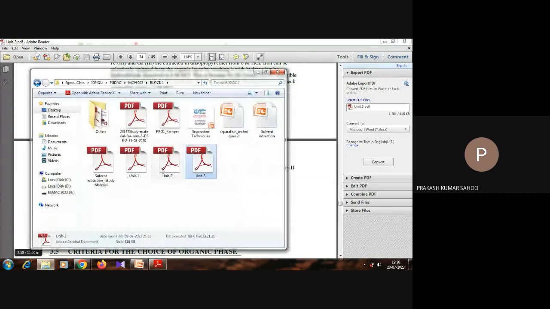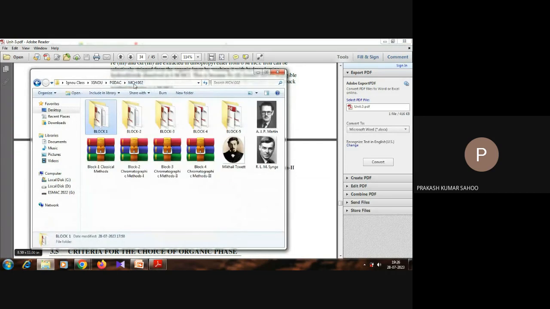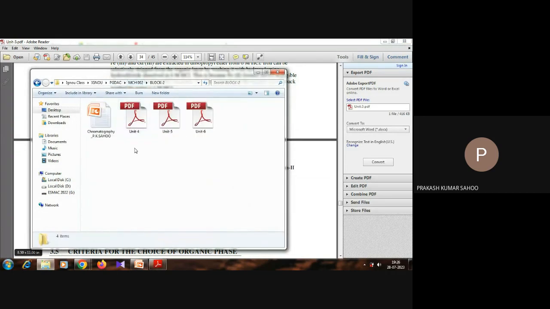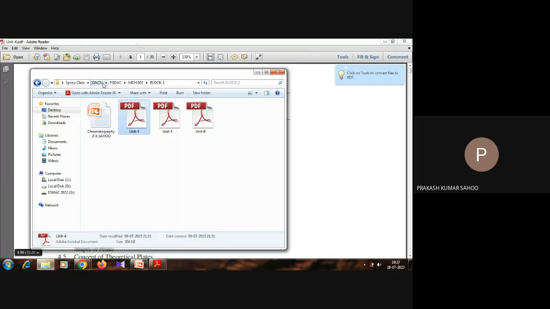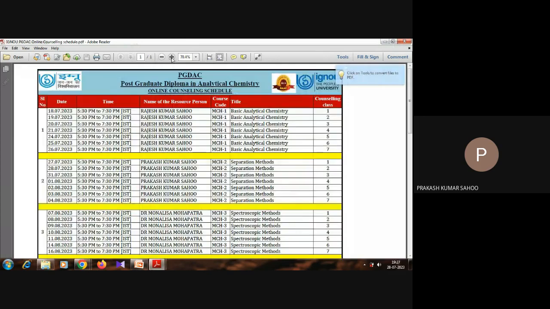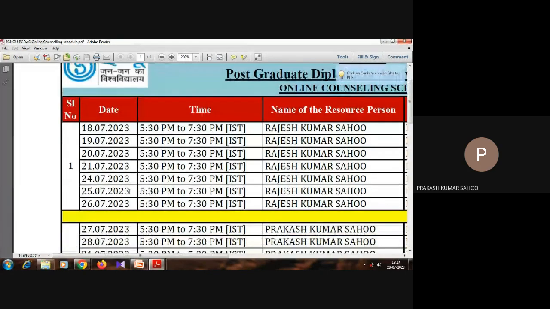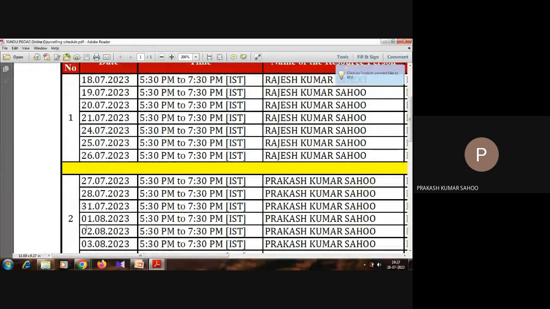And in the next class we will have Unit 4, and this is very much interesting, that is chromatography. When is your next class? It is on 31st of July. I think this is Monday.